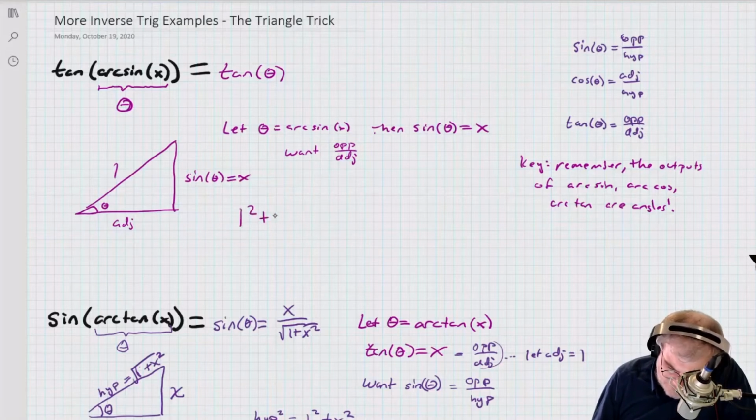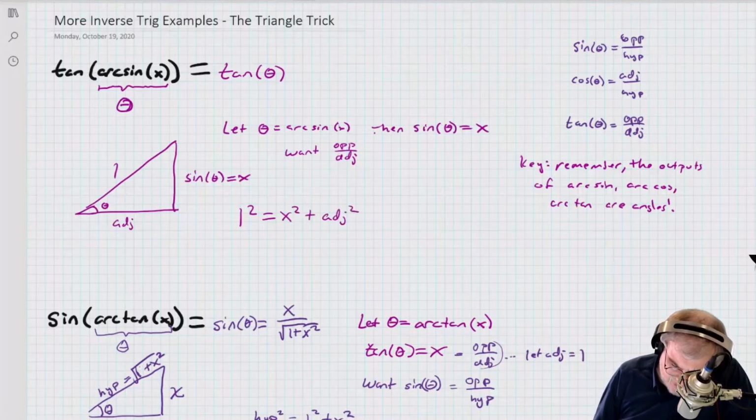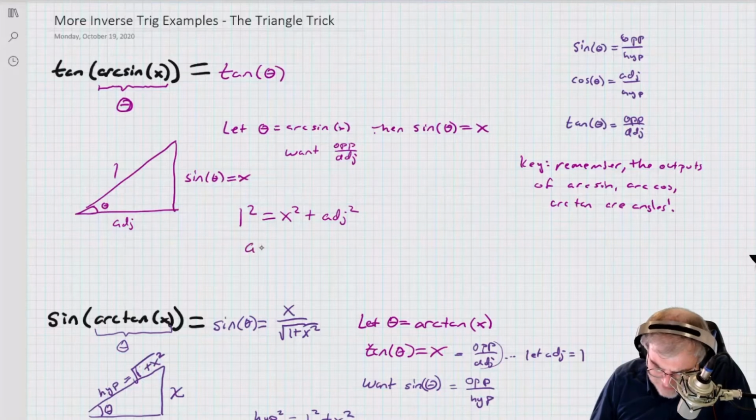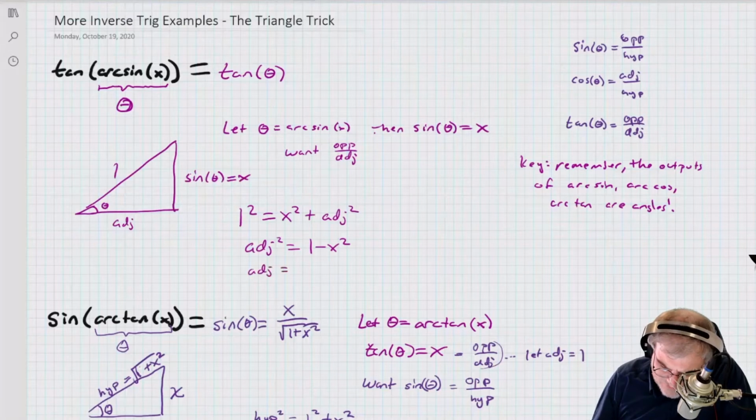I've got 1 squared equals x squared plus whatever the adjacent is, and that's what I want to solve for. So I move x squared to the other side, and I wind up with the adjacent squared equals 1 minus x squared. That means the adjacent equals the square root of 1 minus x squared.